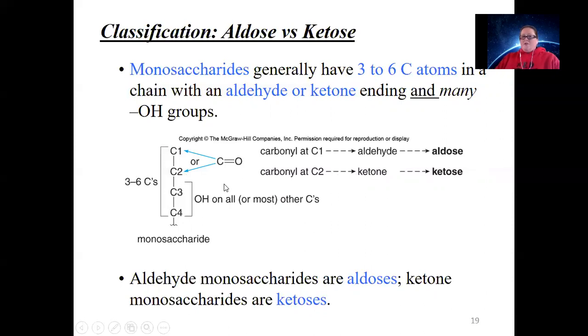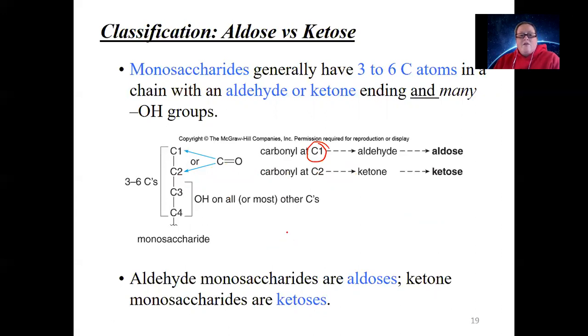So where that aldehyde is carbon number 1, the carbonyl group on a ketone is carbon number 2. If it is an aldehyde, we call it an aldose, and if it's a ketone, we call it a ketose.